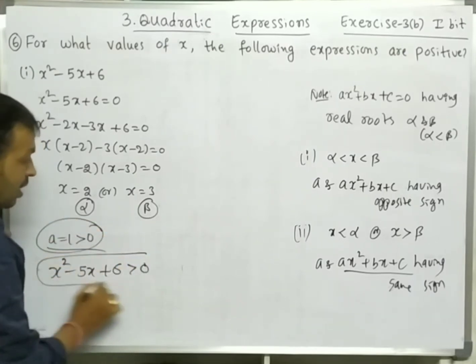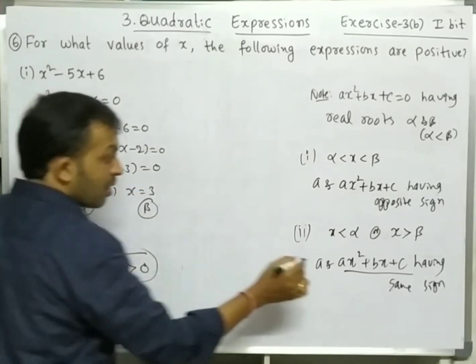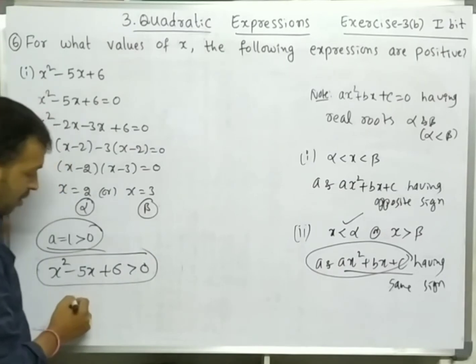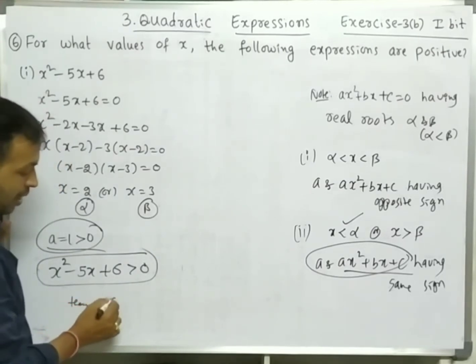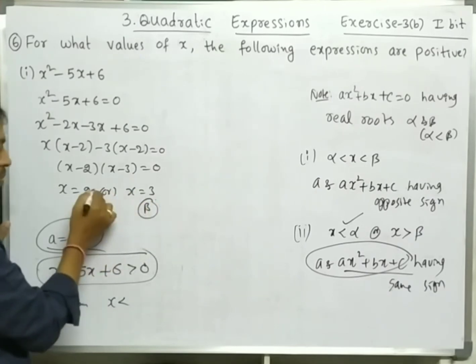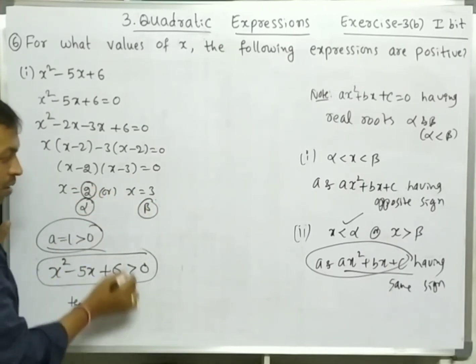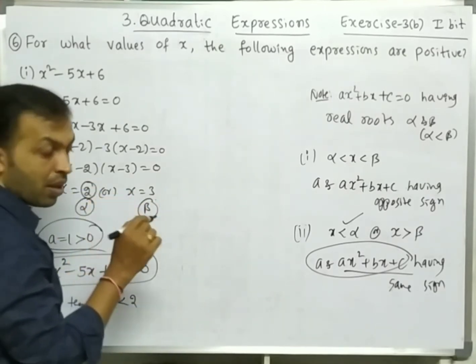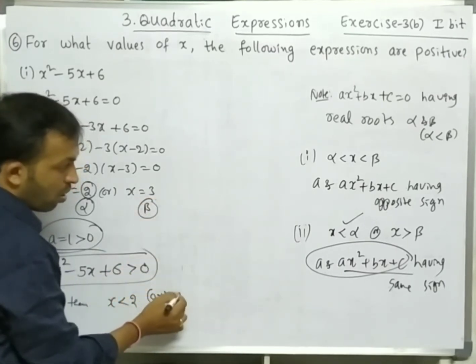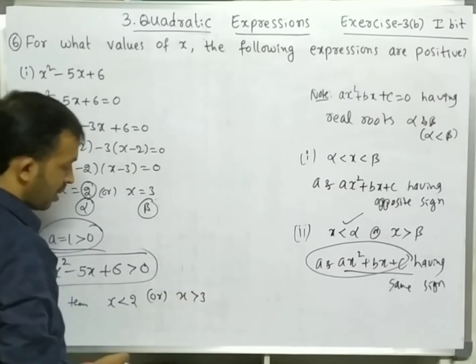Both have the same sign. In which case do they have the same sign? If x is less than alpha. Which is alpha in these two? The smaller one is alpha. Okay, always take the smaller one as alpha and the bigger one as beta. So x is less than 2 or x is greater than 3.